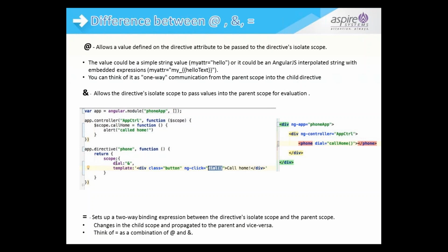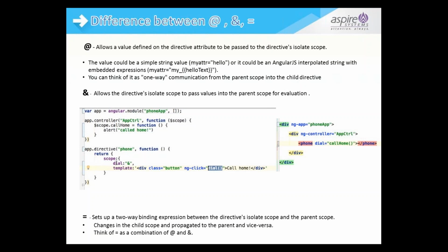Simple. Now vice versa. If you have a child value which does something and which invokes an event in the parent, use &. The best example is this one, okay? I have a controller which is my parent. Controller name is app controller.